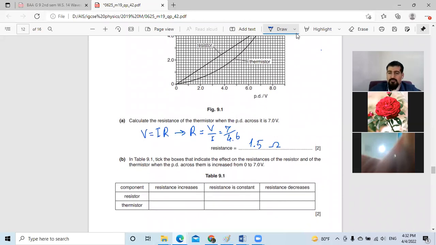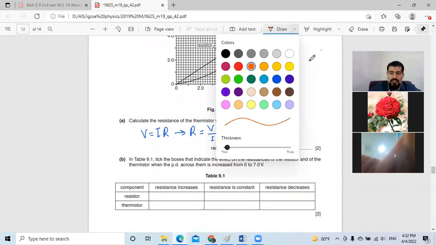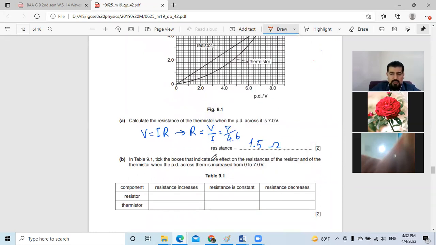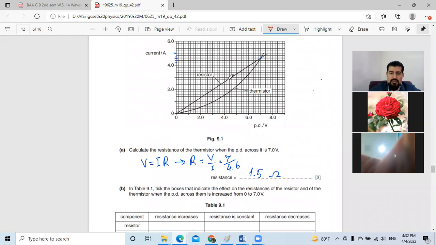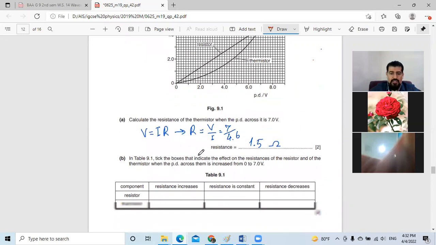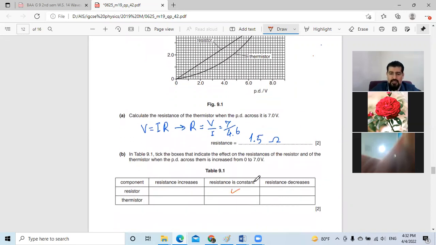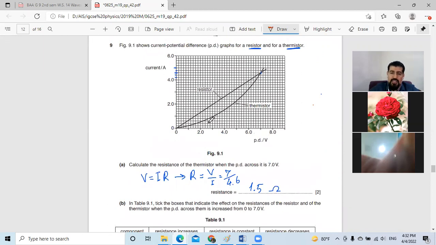Then what they ask here: in the table, tick the boxes that indicate the effect on the resistance of the resistor and of the thermistor when the potential difference increases from 0 to 7. Now we can see that the resistor is a straight line, that means the resistance is constant, while here it's a curve.